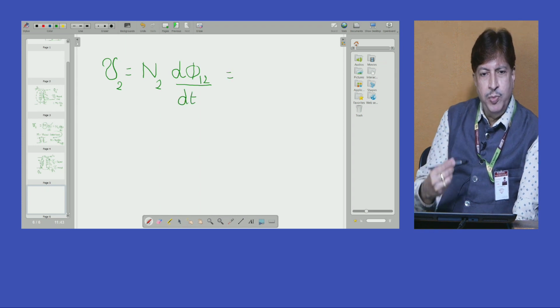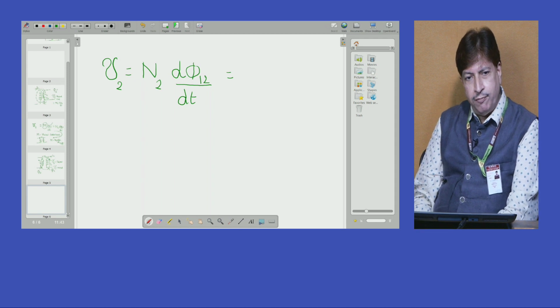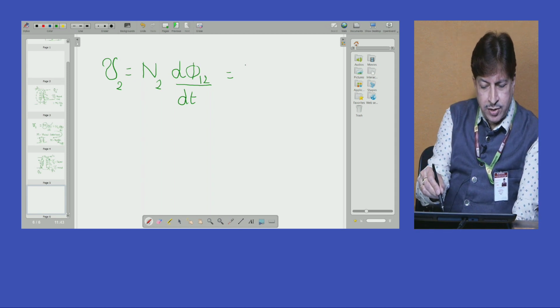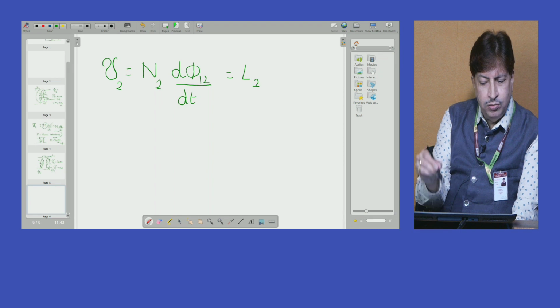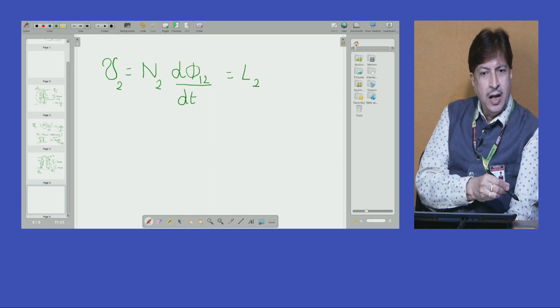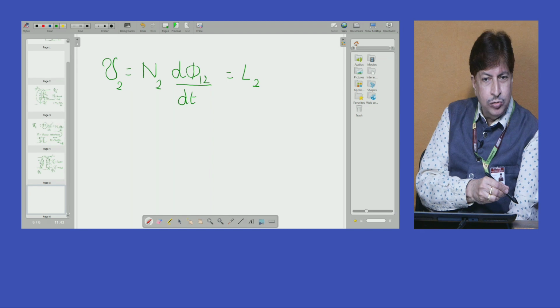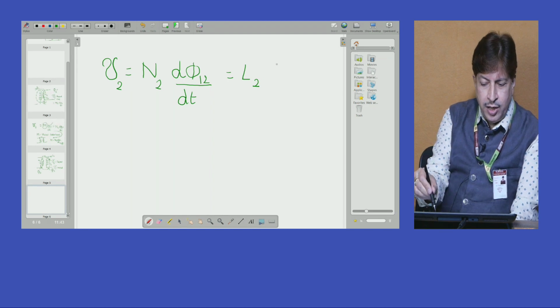It can also be expressed in terms of self-inductance: L2, the current flowing through it is I2, di2 by dt.